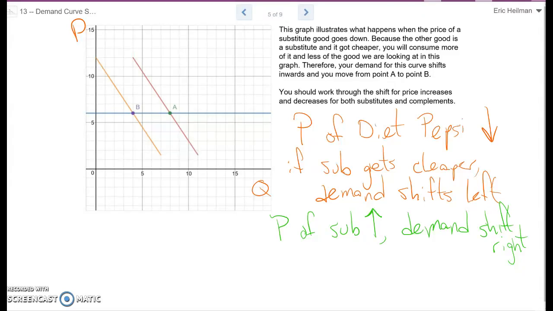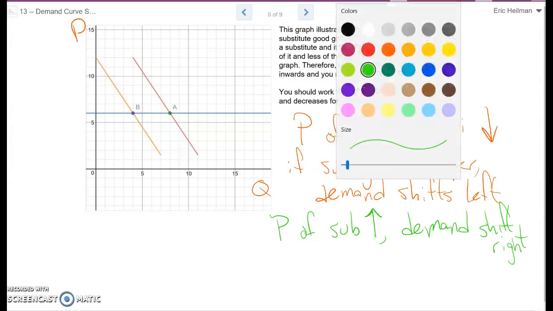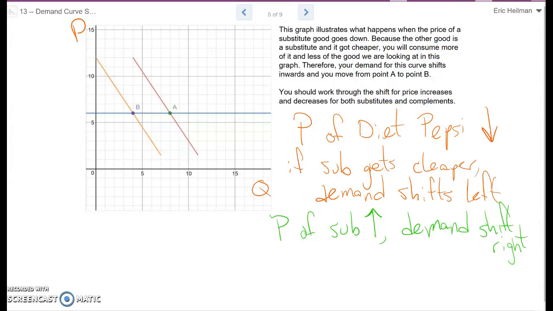So what would happen is, we start here at A. If the price of a complement goes up, I'm going to consume less of that complement. But because I usually consume my Diet Coke with that good, my demand for Diet Coke is also going to fall.